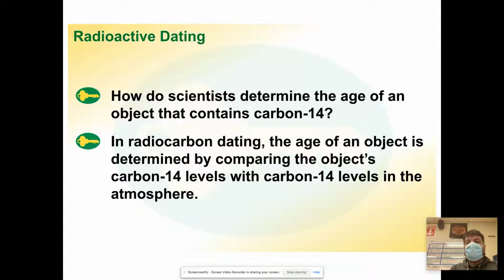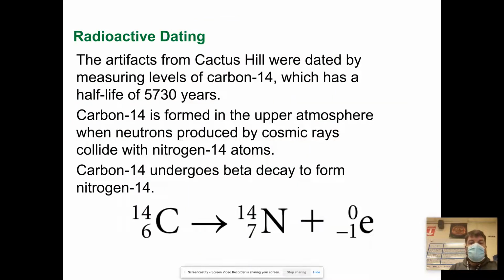In radiocarbon dating, the age of an object is determined by comparing the object's carbon-14 levels with carbon-14 levels in the atmosphere. So carbon-14 can decay to nitrogen-14 plus the emission of a beta particle, right? So remember, a beta particle is just kind of like a negative charge. It's almost like an electron, right? Just emits an electron.